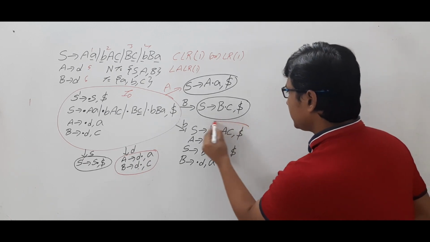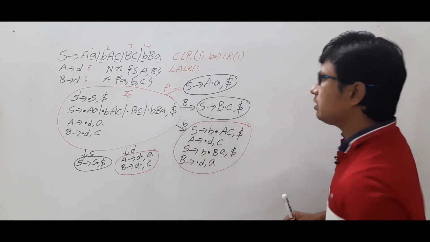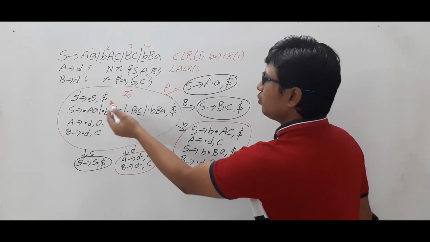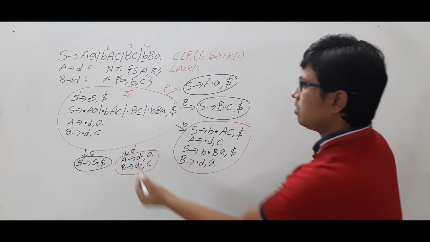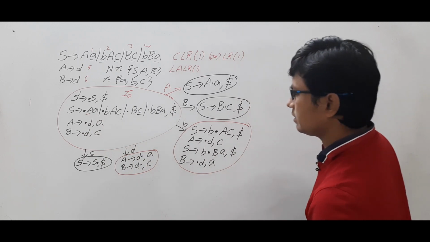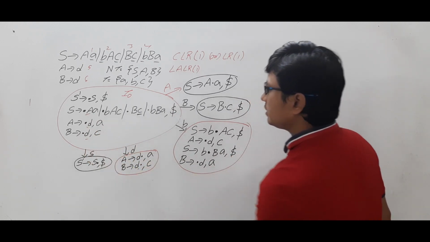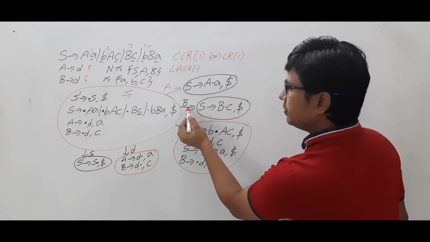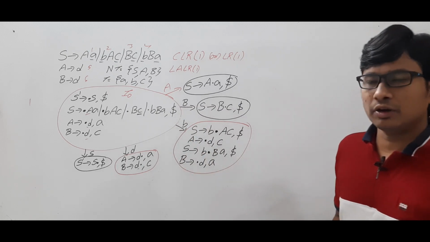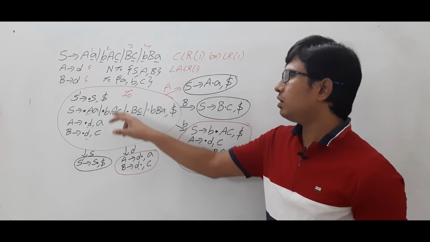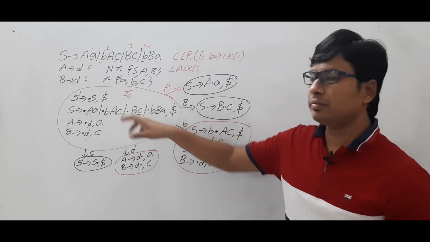So how many items we got? We got one item on S, on A is done, on D is done, on B is done, on small b. So we computed go to on all the symbols from I0.